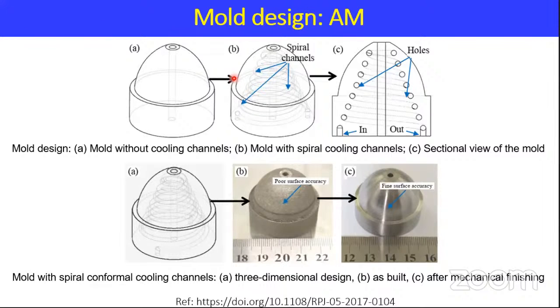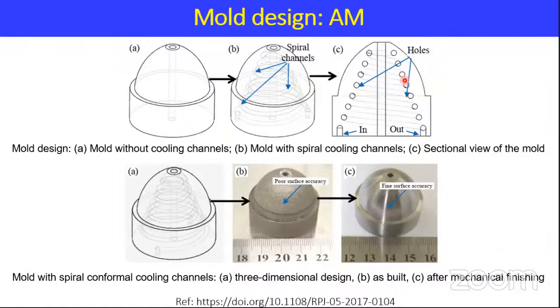Because of that thermal loading, the life of the mold comes down drastically. So people are trying to develop molds with internal cooling channels, thereby we can control and have proper thermal management for these molds, and subsequently increase the life of these molds.